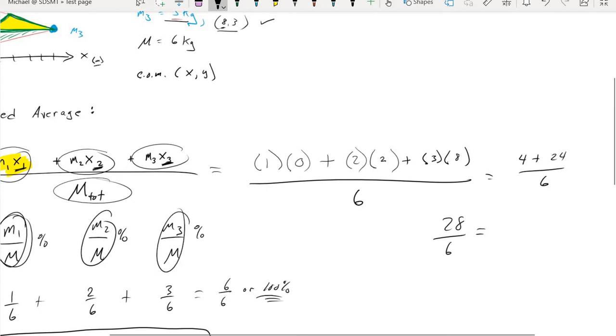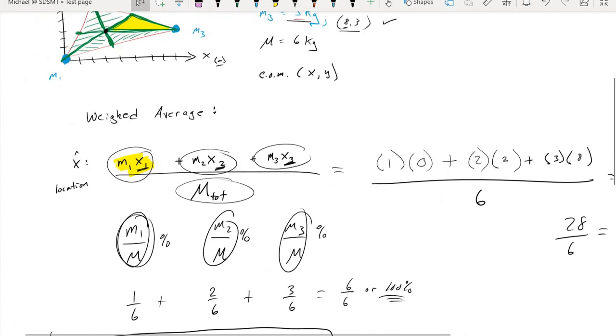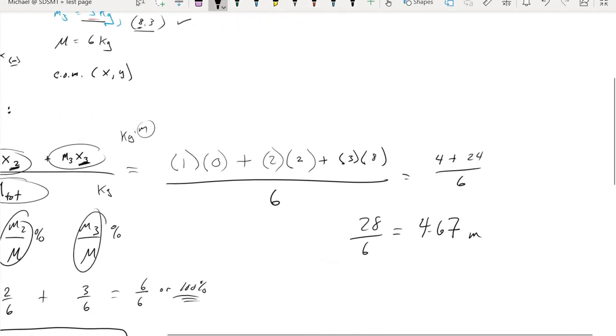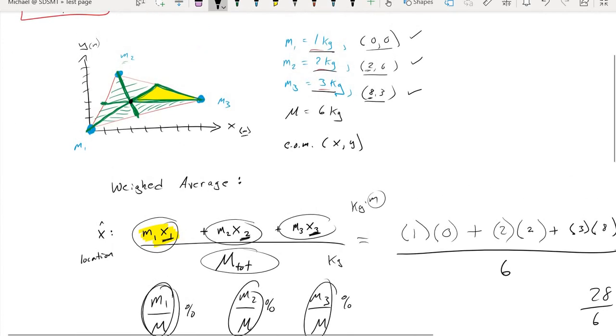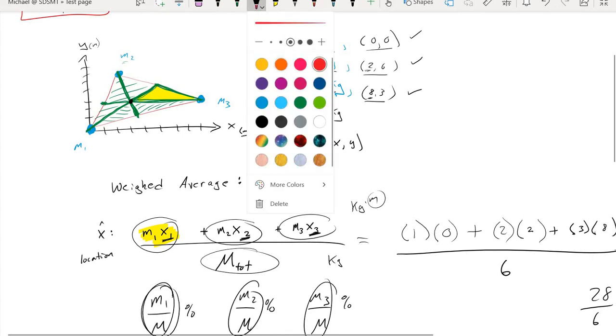I'm just going to plug this into my calculator and get a decimal value. 28 divided by 6 is 4.67. Now the units of everything, if you remember on the top we had units of kilogram meters. In the bottom we should just have kilograms. So we're getting units in meters, which is what we wanted because we want to measure along the x-axis how far we have to go until we get to the center of mass for the system.